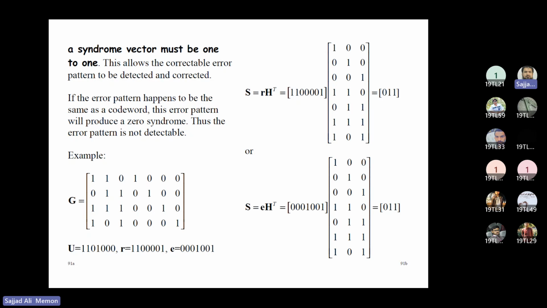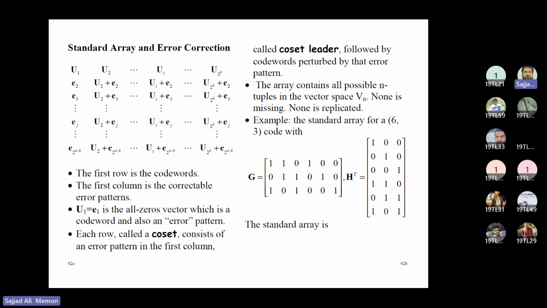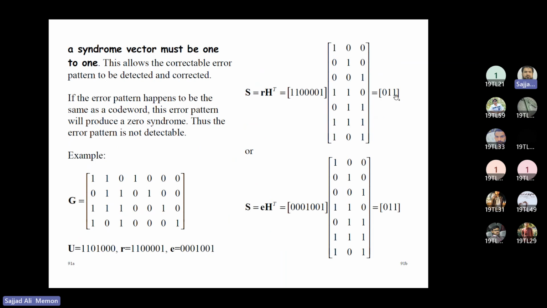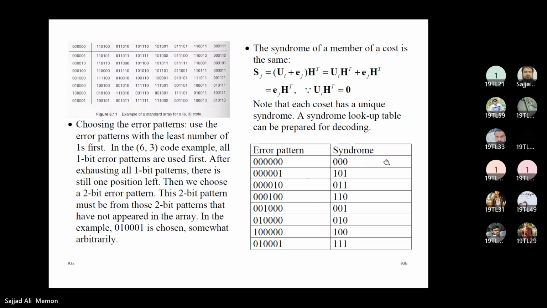That we determine from a standard array and error correction table, like this one, using the syndrome pattern. If the syndrome pattern is 011, then the error pattern will be 010. So a table like this will help us in fixing the error pattern and correcting the 1-bit error.